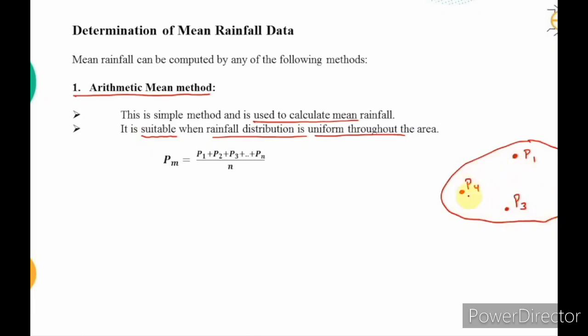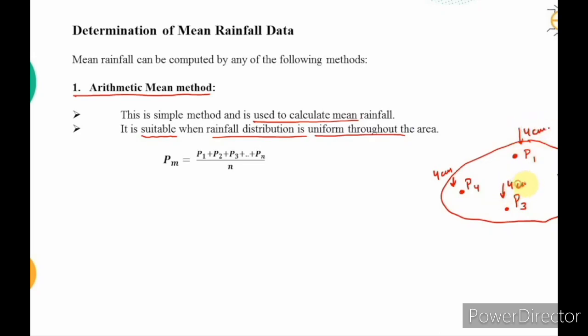That means across all of these rain gauge stations, the rainfall intensity will be the same, because if 4 cm of rainfall falls over the P1 station, then the P2 station also has 4 cm of rainfall, and P3 and P4 also the same within a particular time. That means the rainfall distribution is the same throughout the time.